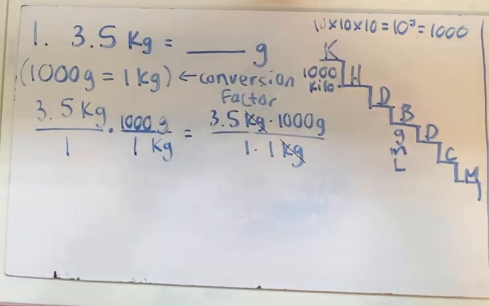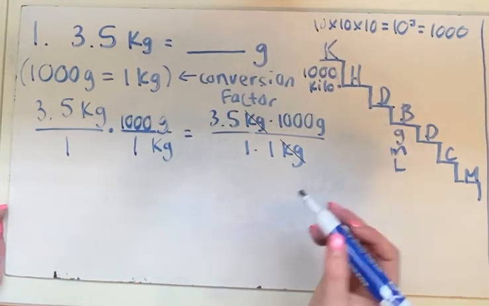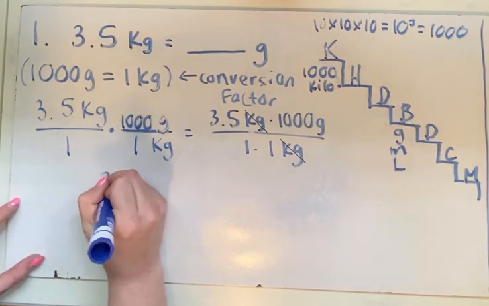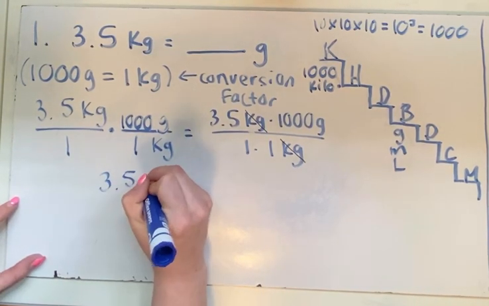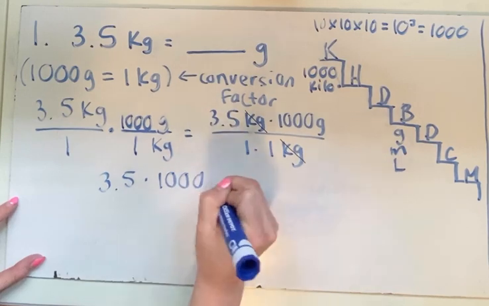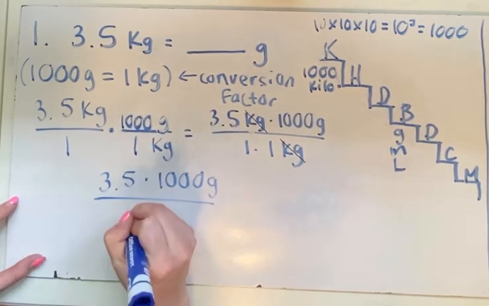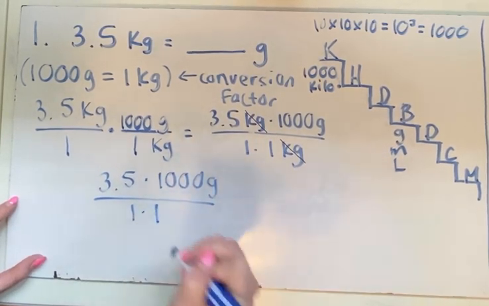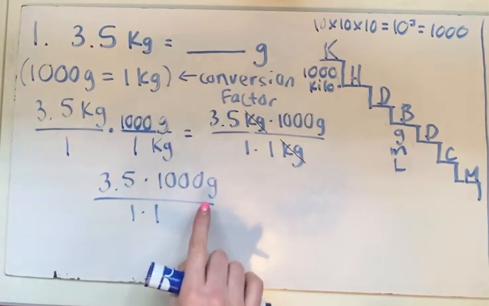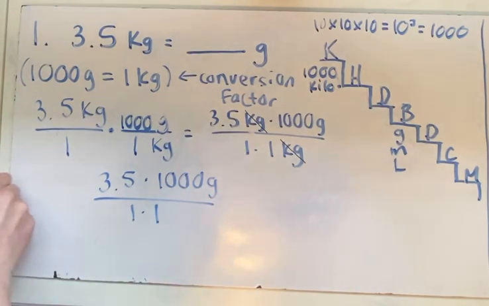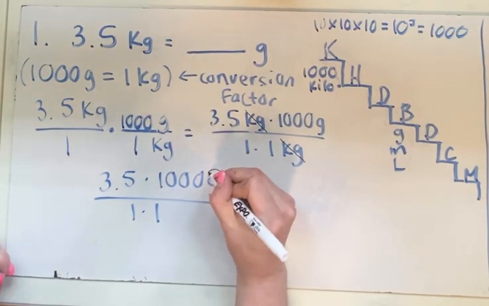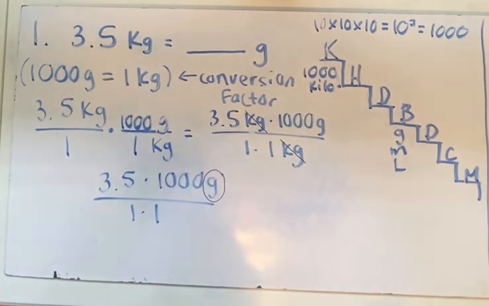Okay, so those two things will cancel, and now I'm going to rewrite with what we have left. So now we're left with 3.5 times 1,000 grams divided by 1 times 1. Well, that's great. We have grams left, and that's awesome because that's the unit we want for our conversion problem, is this grams part.